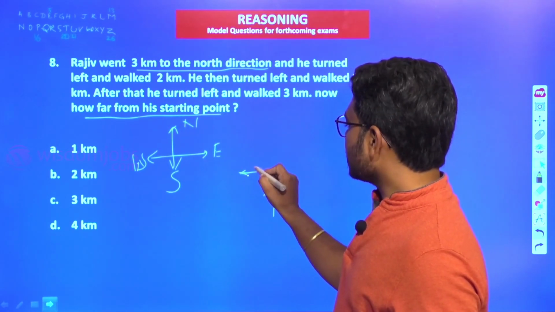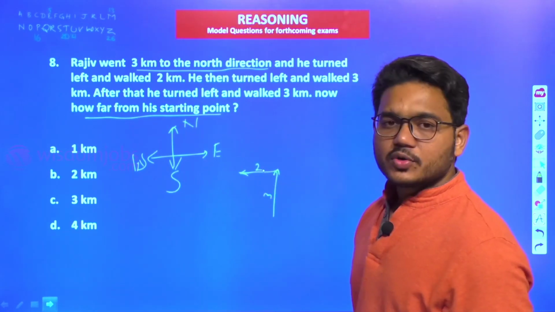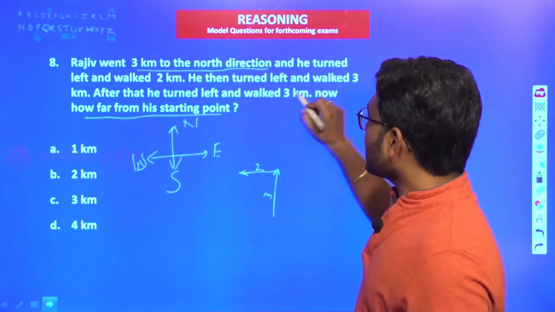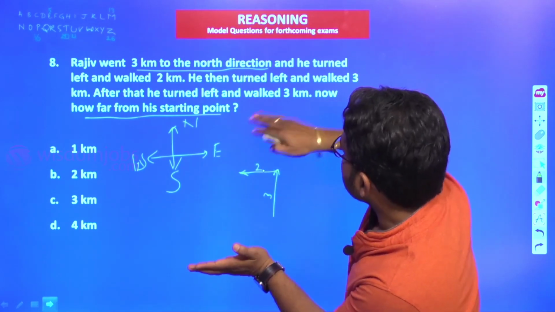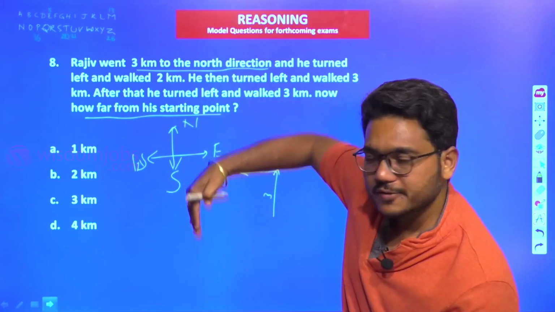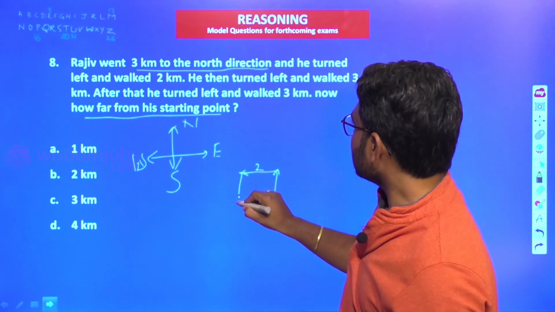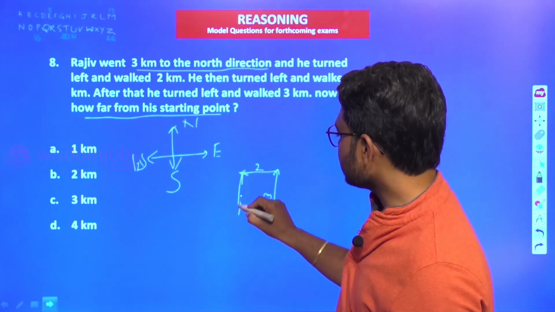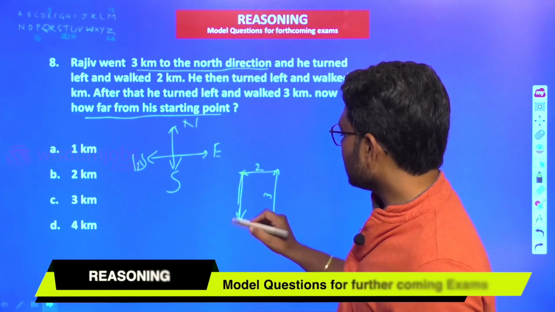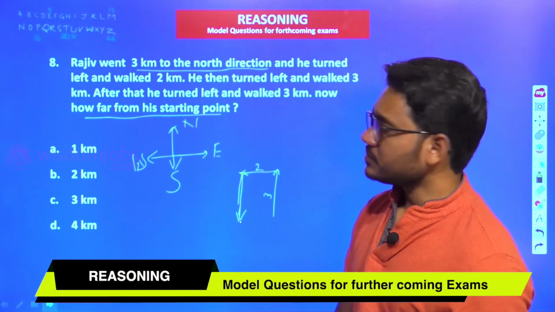Now he turned left again, so he is facing like this. He is taking a left turn, so he walked 3 kilometers.